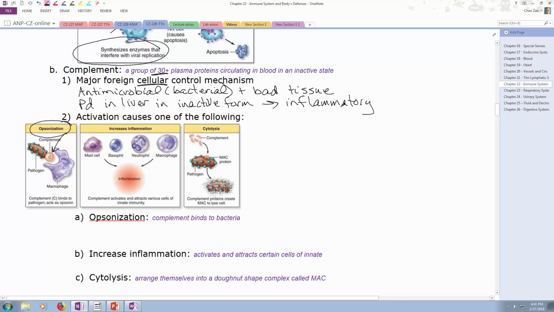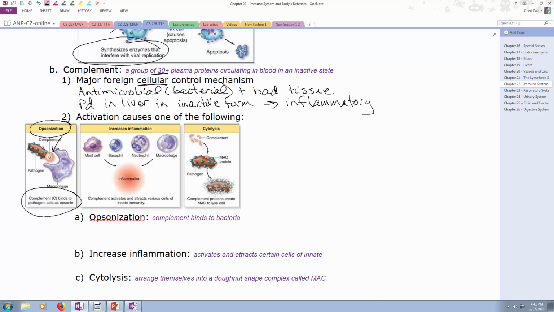Complement is attaching to the pathogen, so our bacteria with its little bubbles on it. Those are little polysaccharides, little sugar bubbles on it. And complement attaches to that pathogen, and the macrophage is super happy to see this arrangement and wants to eat it.